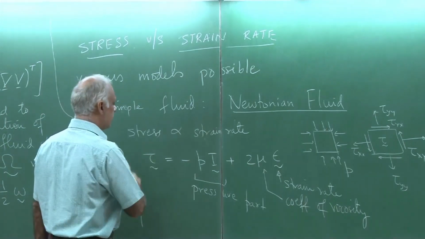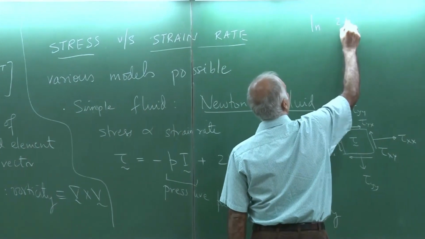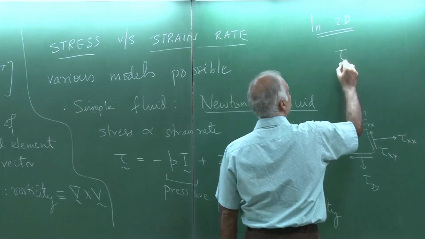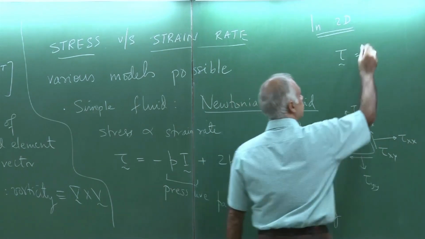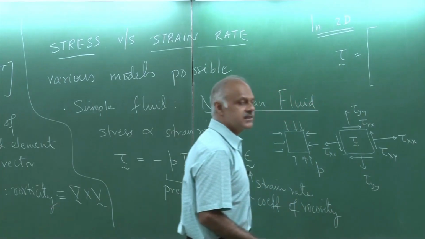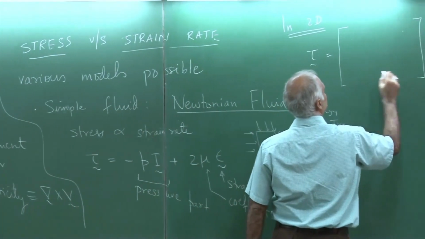All right. So, for a Newtonian fluid, if I do it in 2D, it would look something like this. The state of stress would be given by a 2 by 2 matrix, because it is 2 dimensional.